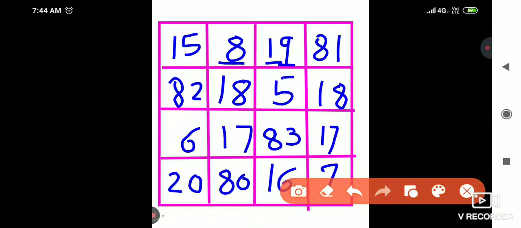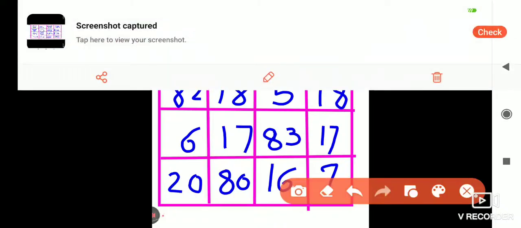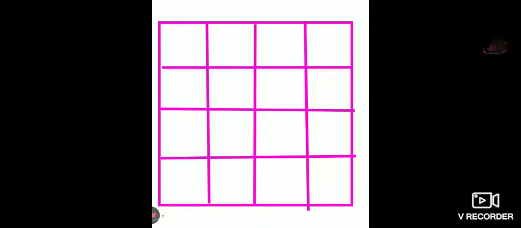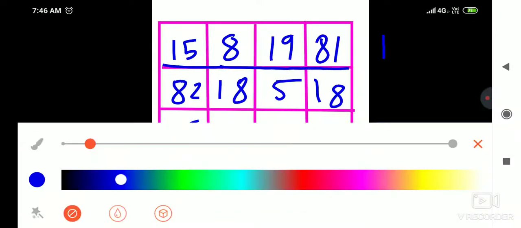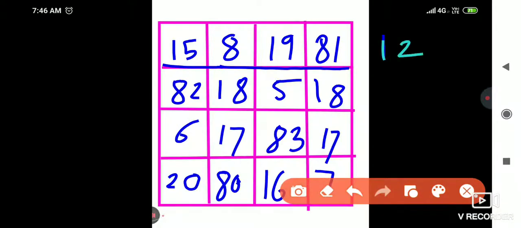Now I will add all the numbers in this row. The sum of each row is 123.